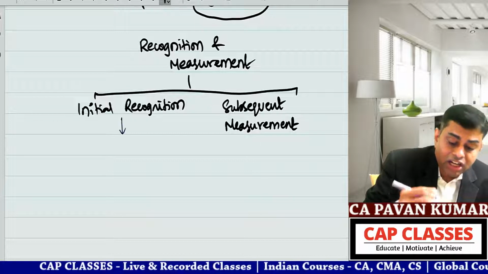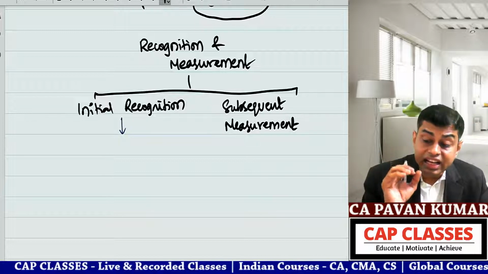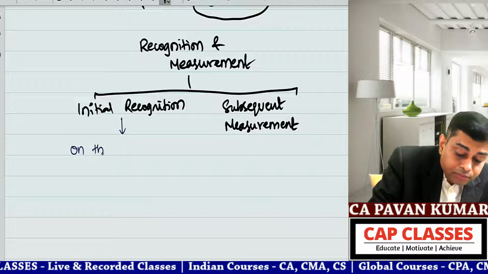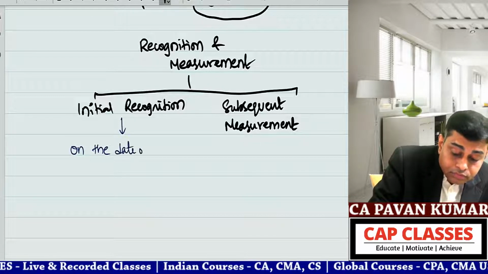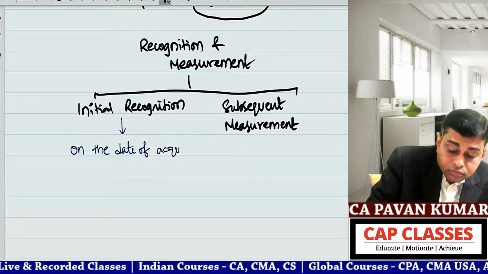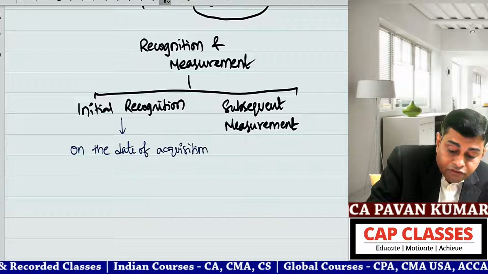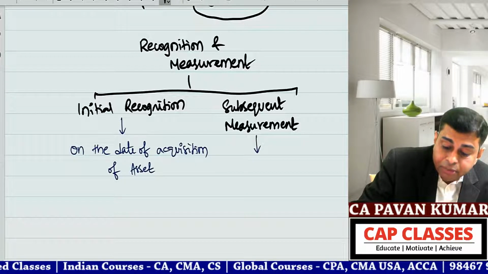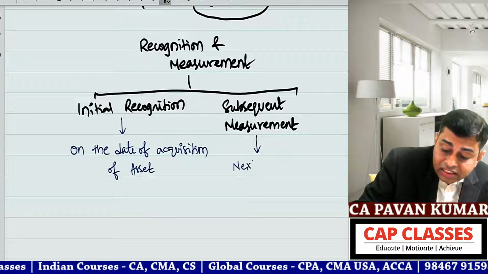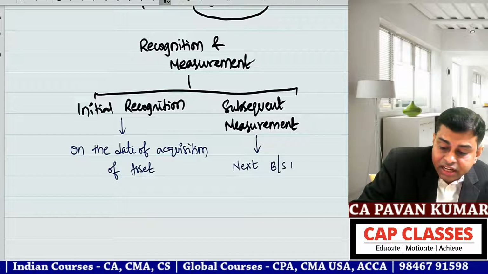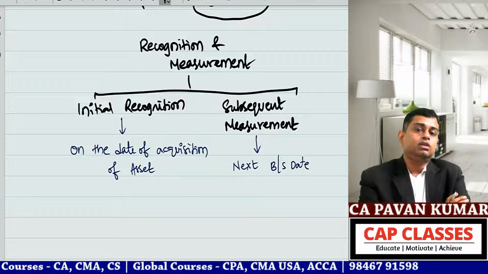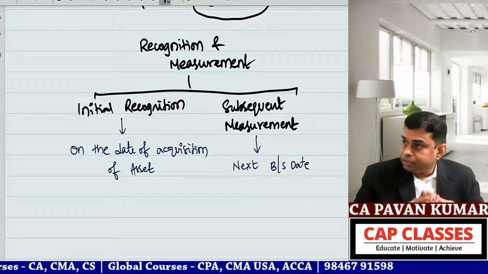This is what initial recognition is. Initial recognition means on the date of purchase, on the date of acquisition of the asset. Subsequent measurement means the next balance sheet date, the end of the reporting period we call it. Subsequent means the next balance sheet date.